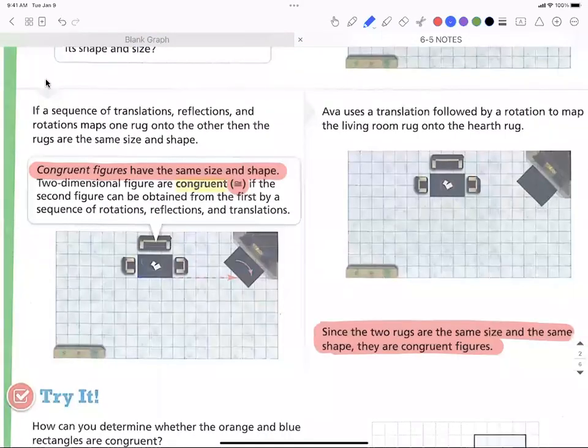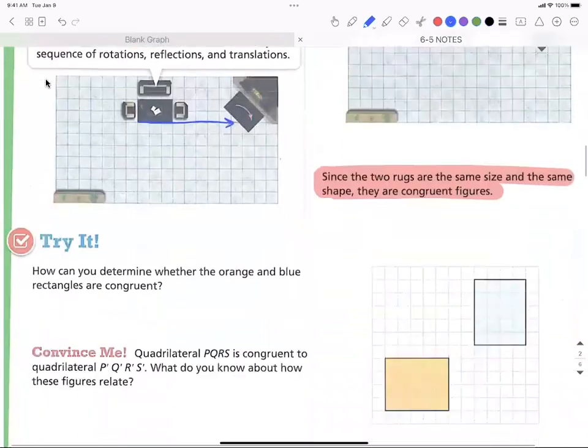They have translated it over so many units, and then they rotated it clockwise, and because all we did was a translation and a rotation, which don't change the shape and size, we guarantee that the second rug is the same size over by the fireplace. Not going to spend a whole lot of time on that.